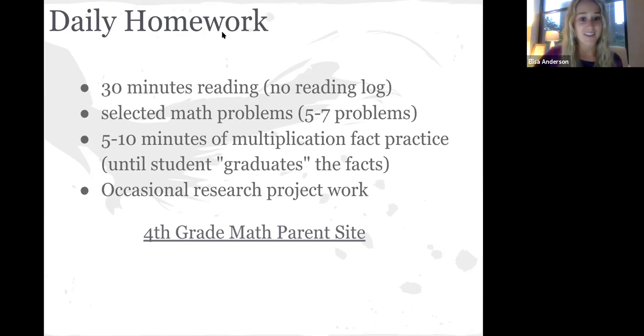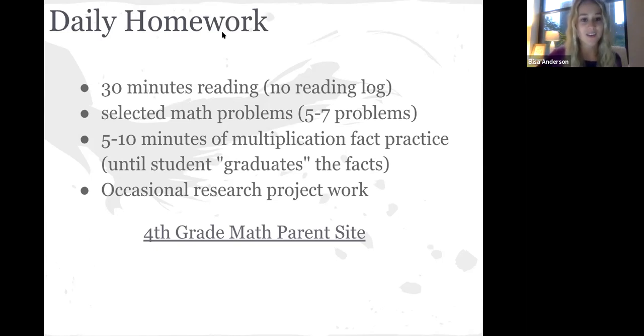Like I said during the math slide, multiplication facts is crucial this year in 4th grade. So we are going to encourage that your child spends 5 to 10 minutes practicing them every night. If you go to the Bitmoji classrooms, specifically Mr. McCauley and I's, we have a whole place for your child to go to practice their multiplication facts, videos to watch.